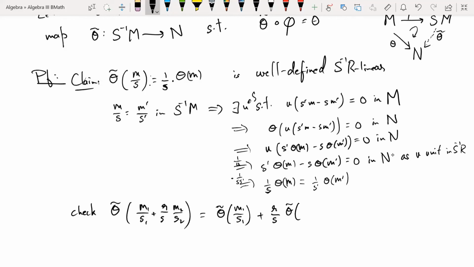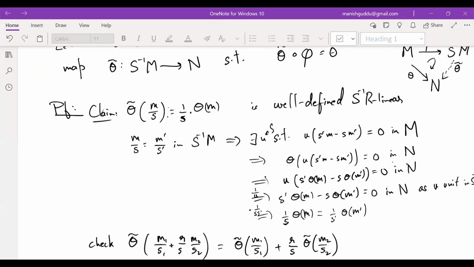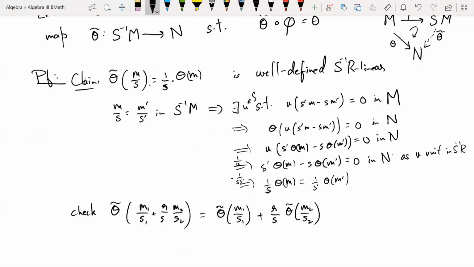You just verify this; it will be routine. You use the formula and see that both the left hand side and right hand side are the same. Makes sense, everyone? I hope you guys are still with me. Okay, and then check uniqueness.